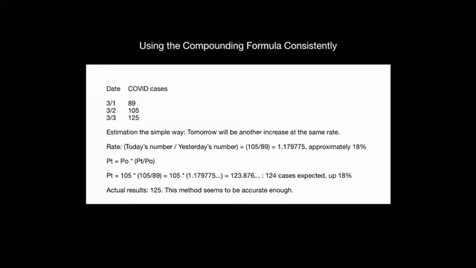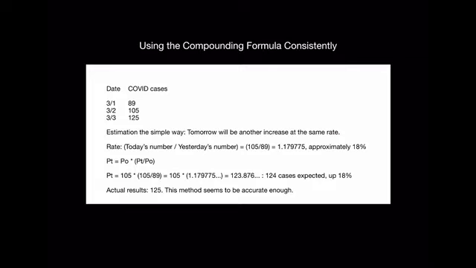And that's why this problem gives us compounding problems, because it's a situation that grows because it grows. But we could handle this the simple way. We could simply calculate the percent change or the percent increase from the first to the second, and assume that same percent change will be from the second to the third.